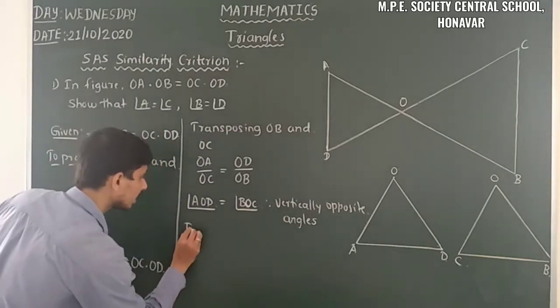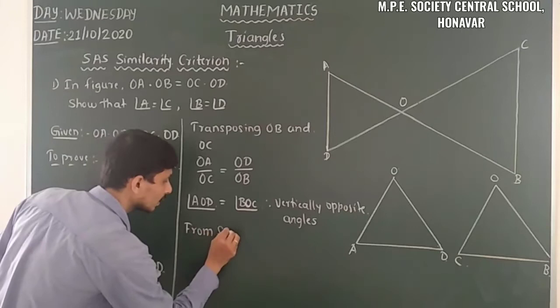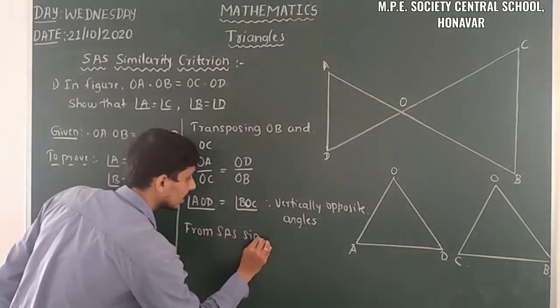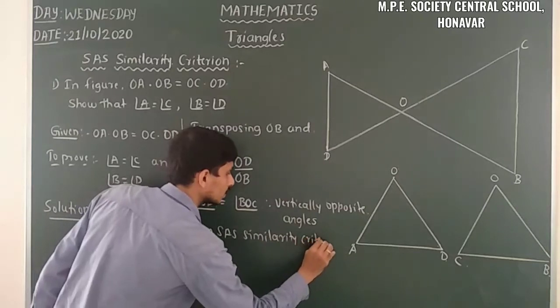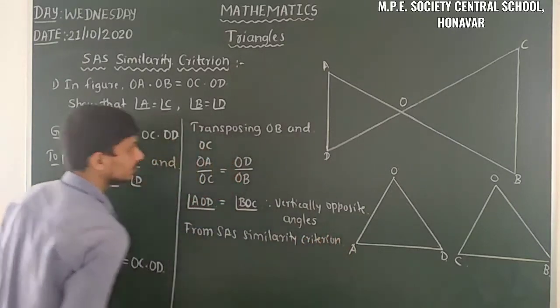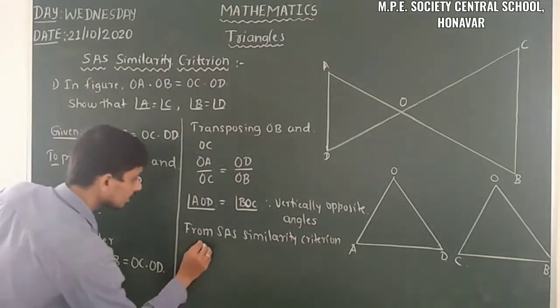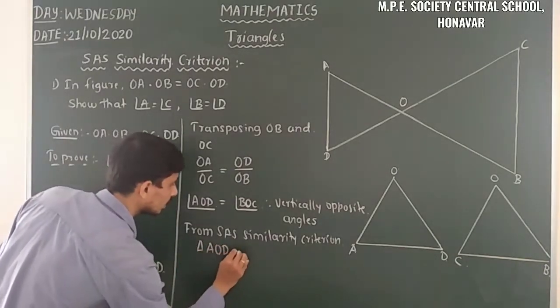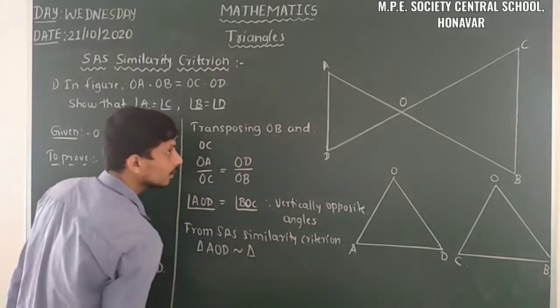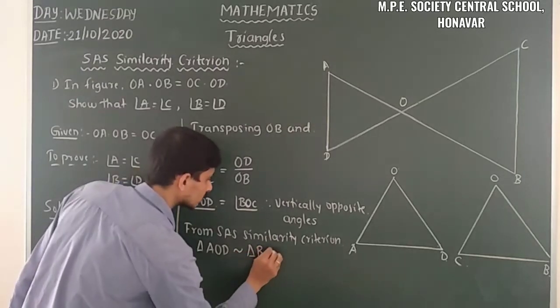From the SAS similarity criterion, triangle AOD is similar to triangle BOC.